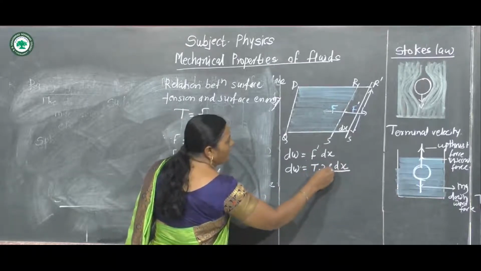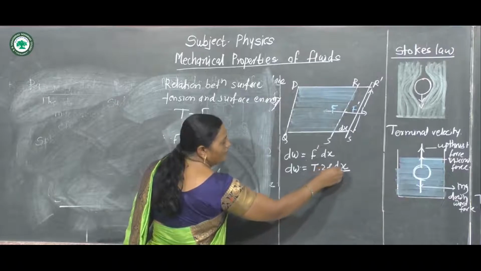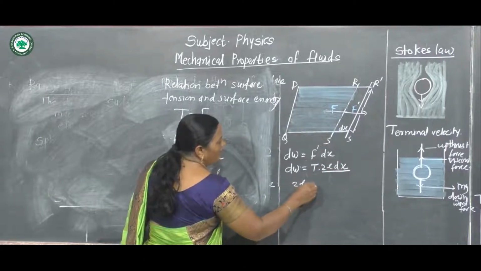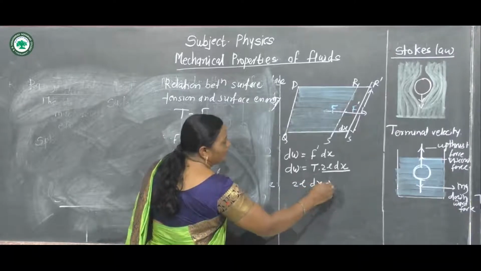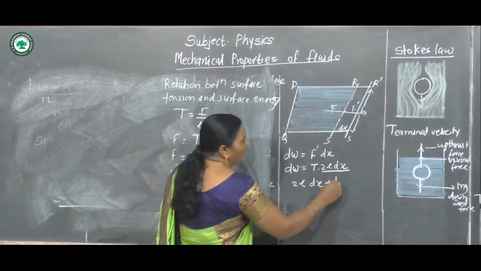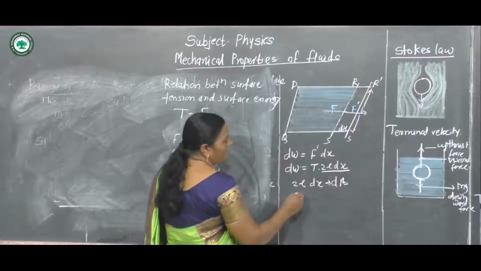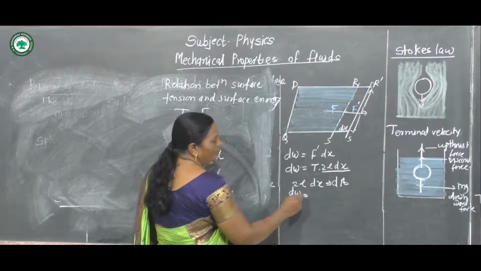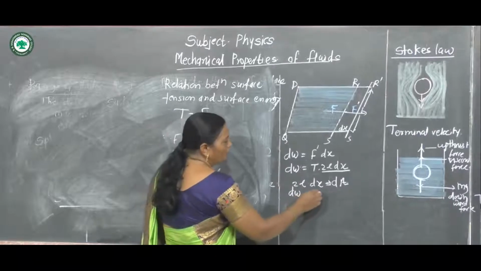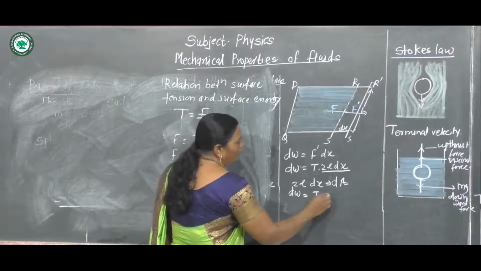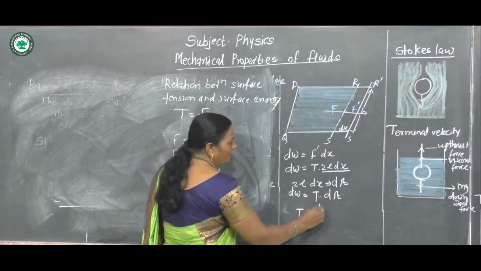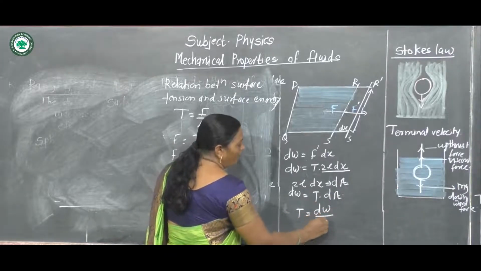Now, 2L dx is the length times the thickness, called the increase in area, dA. Substituting this value in the above equation, we get dW is equal to T into dA, that is, T is equal to dW divided by dA.